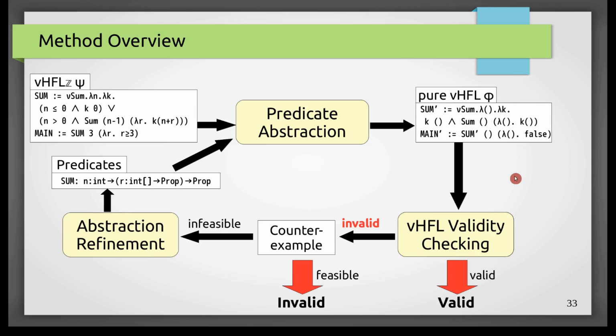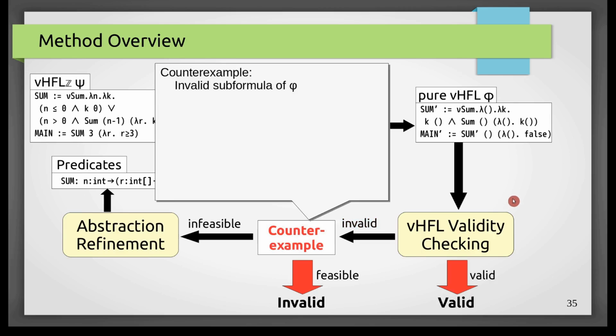When phi is invalid, the nuHFL validity checker generates information called a counterexample. It is a subformula of phi that witnesses the invalidity of phi.